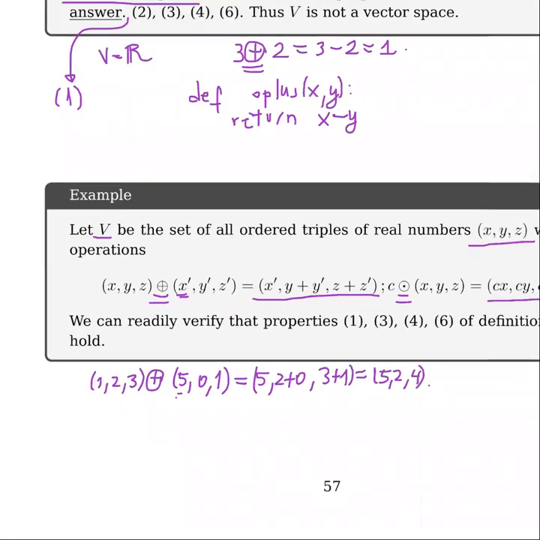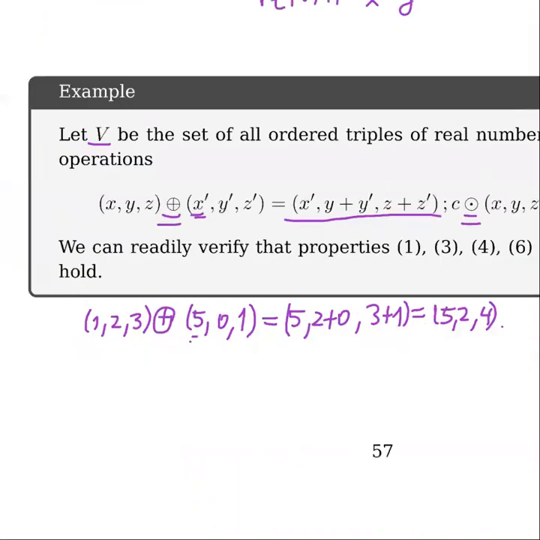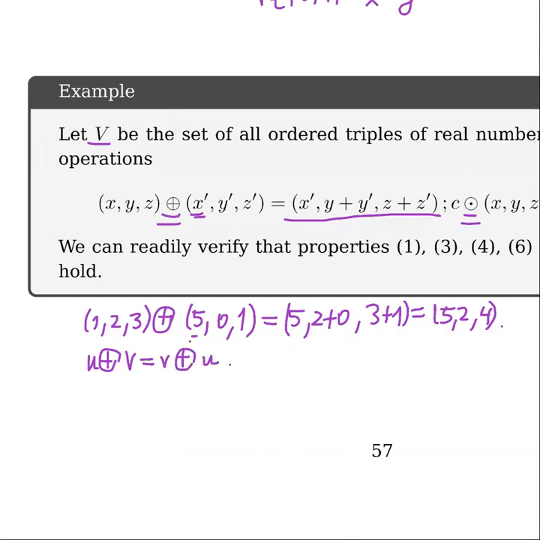Okay, so let's talk about the properties. The first property was, is u ⊕ v the same as v ⊕ u? This is the question. What do you think? No, right?